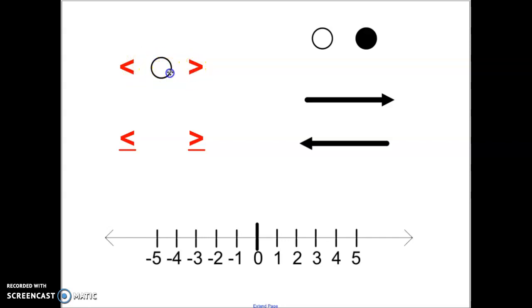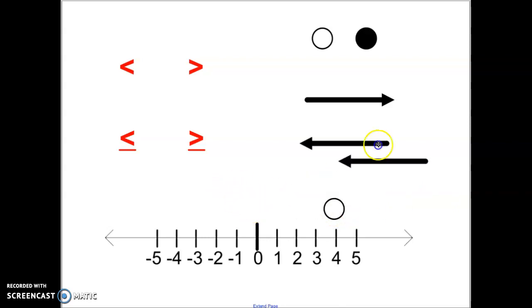If I put a point here for 4 and I was doing less than 4, all the numbers that are less than 4 are included, but 4 itself is not included. So if I did x is less than 4, all of these are possible values for x. The only one that isn't is 4, and then of course anything greater than 4.